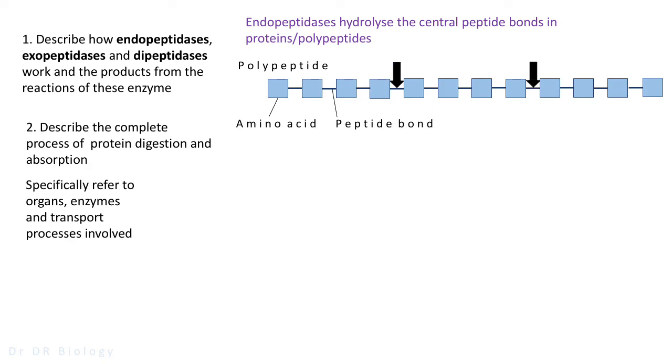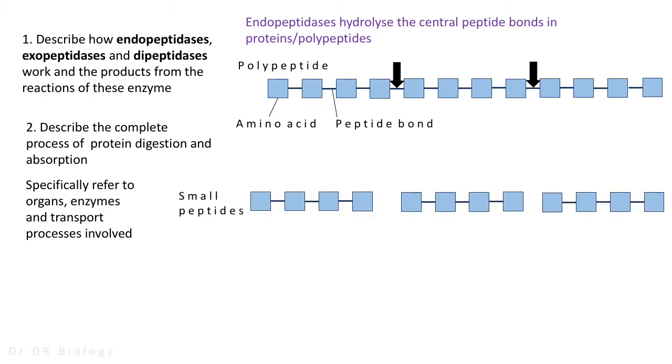And so those arrows indicate where an endopeptidase would work. Just those central peptide bonds. What would be the product of that? Smaller peptides.